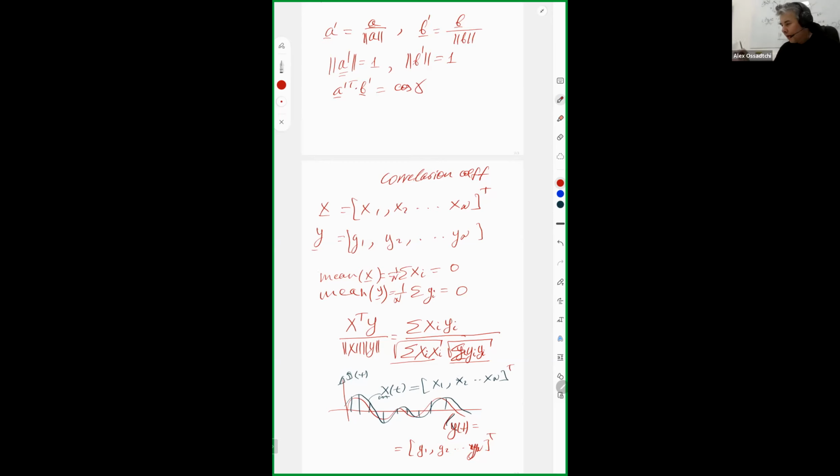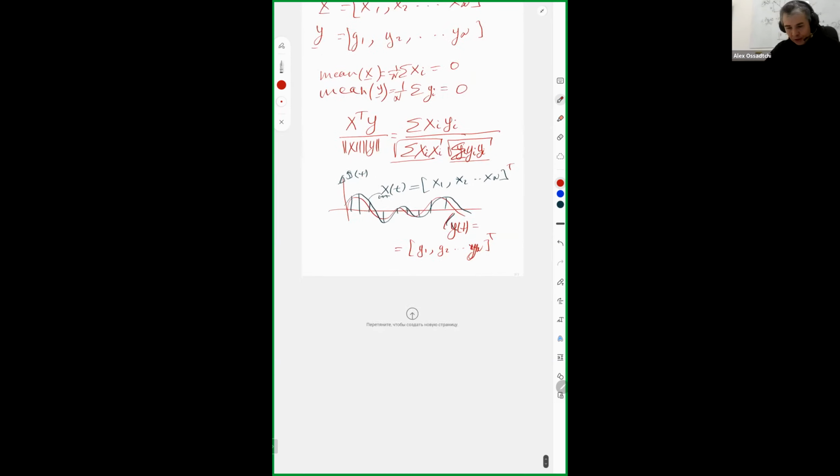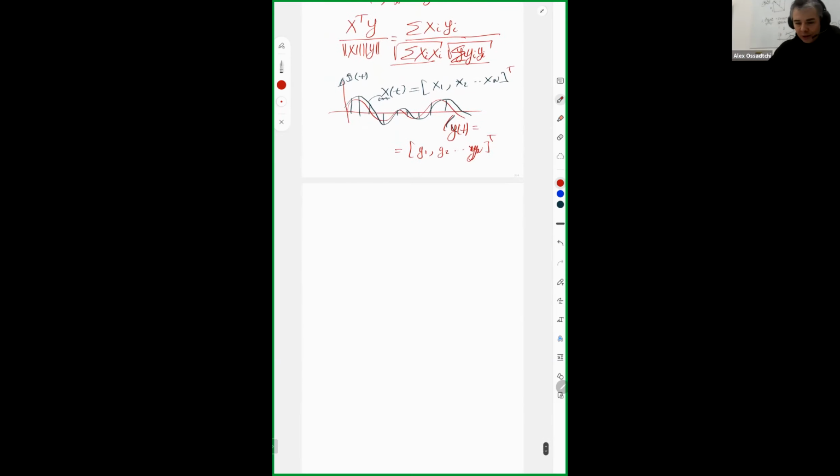But this is only one good thing about this scalar product. Another good thing is that it allows you to compute what I will call the projection, okay? And what we will call a projection through the entire lecture is a fundamental operation.